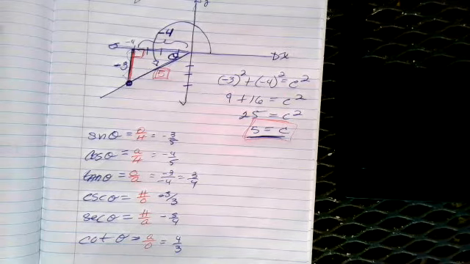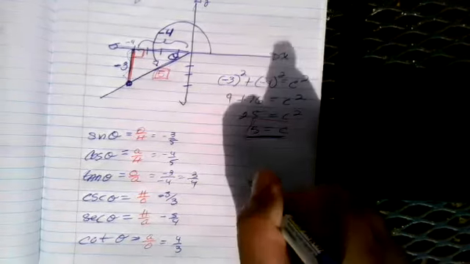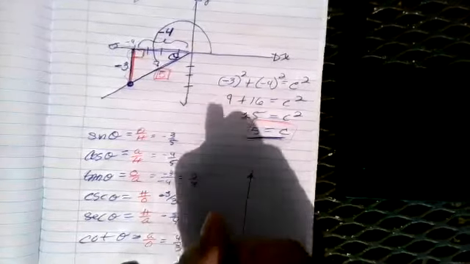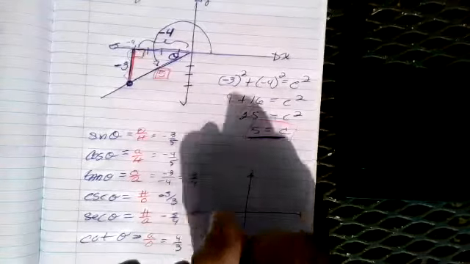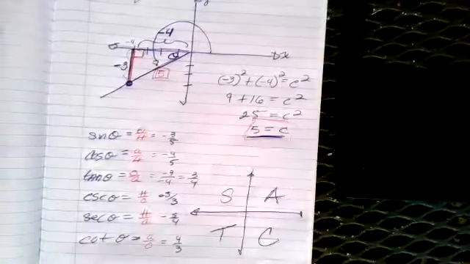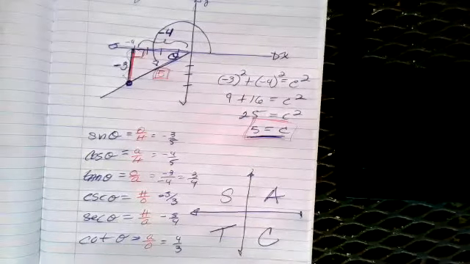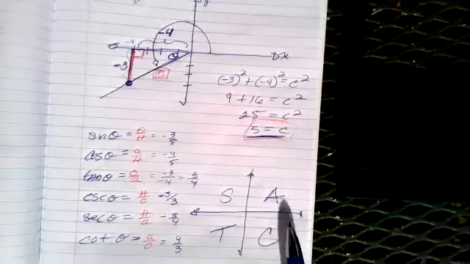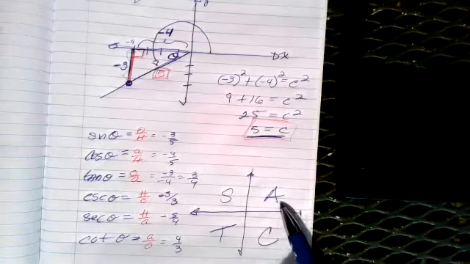And what you need to know also, or what you might want to know, or maybe you already know, is we have an acronym, All Students Take Calc. And what this tells us is that in the first quadrant, all the trigonometric functions are positive.